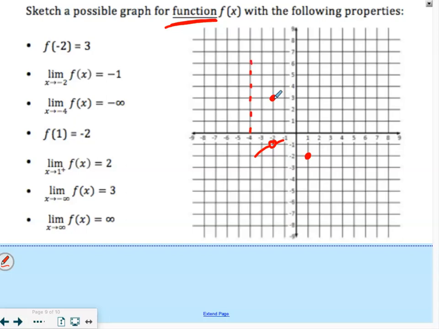So I'm just going to sketch a little vertical asymptote dotted line, and I'm going to make that guy point down to negative infinity. Does that accommodate that? Got to be from both sides. So I have to have the other side also pointing to negative infinity. All right, so now I've got my limit as x approaches -4. I've got my next dot. So I've already checked off those.